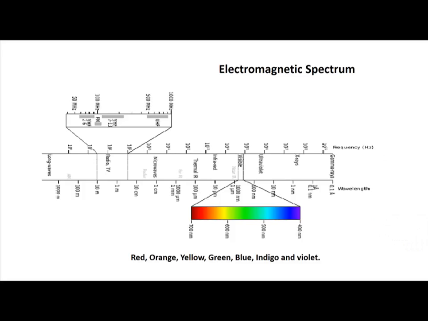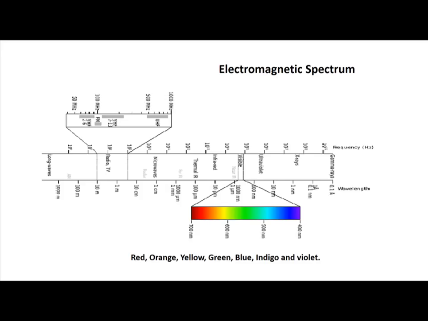Just to quickly summarize, we've looked at the electromagnetic spectrum. Generally speaking, we looked at the different wavelengths that are on the spectrum, and then we decided to take each one of them. The first one we looked at was the long waves and radio waves.